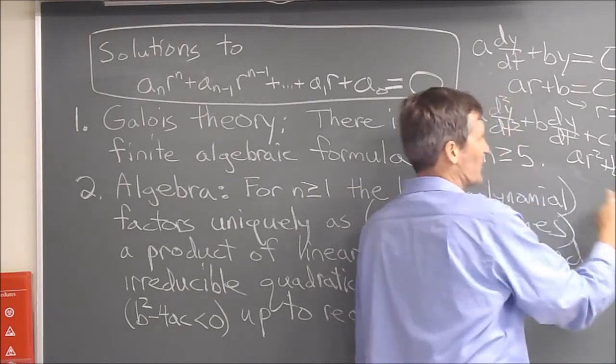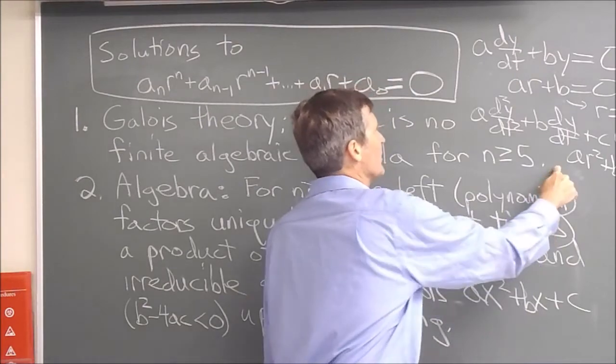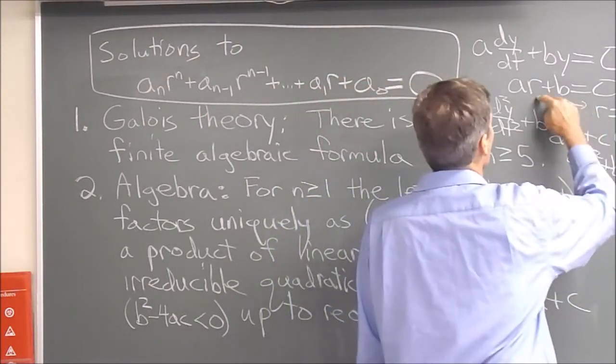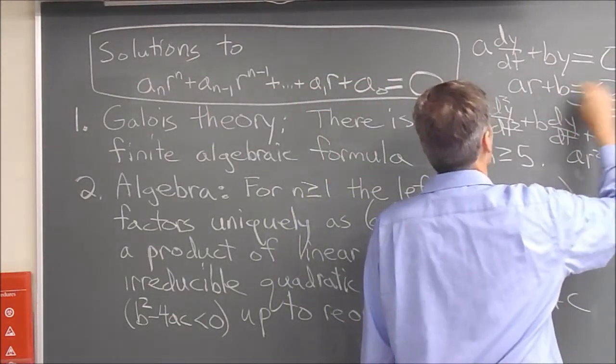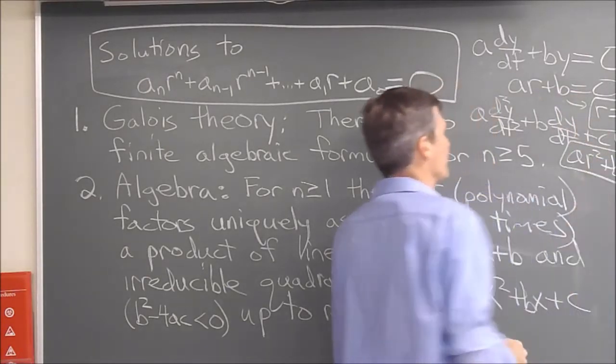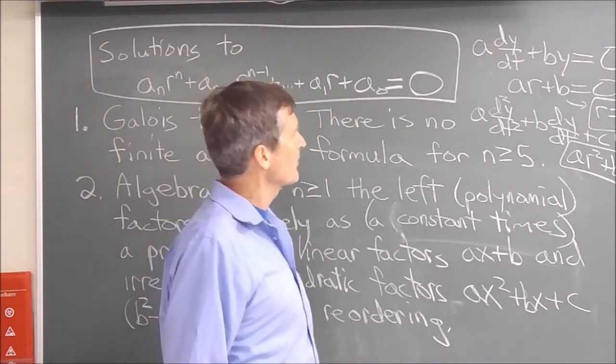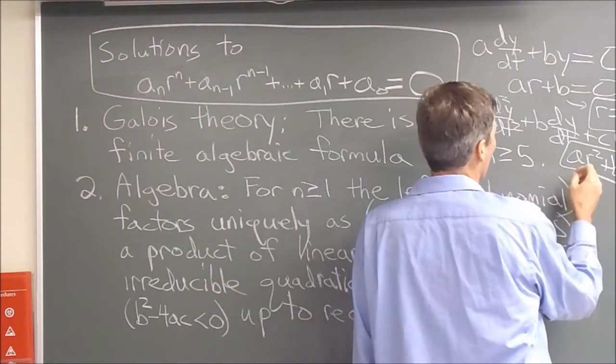I'm not going off the screen there. But it's a quadratic equation. And you can always solve this with the quadratic formula. So a linear equation you can always solve just by subtracting b and dividing by a. A quadratic equation can always be solved by the quadratic formula. Wouldn't it be nice if there's a formula for higher degree polynomials?